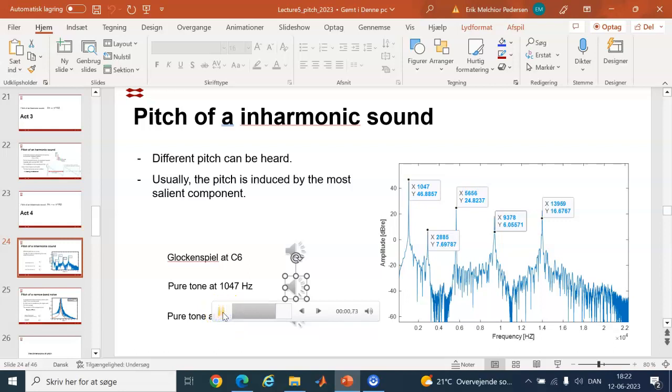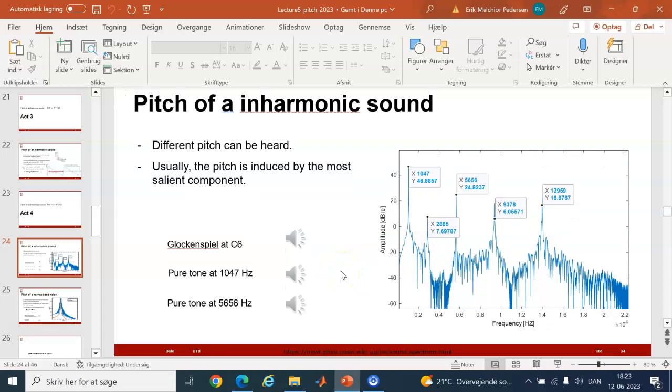Here is 1047 Hz and then 5656 Hz. There is not a regular relationship between those frequencies. 5656 Hz is about 5.5 times 1047 Hz, but it's not a natural number.